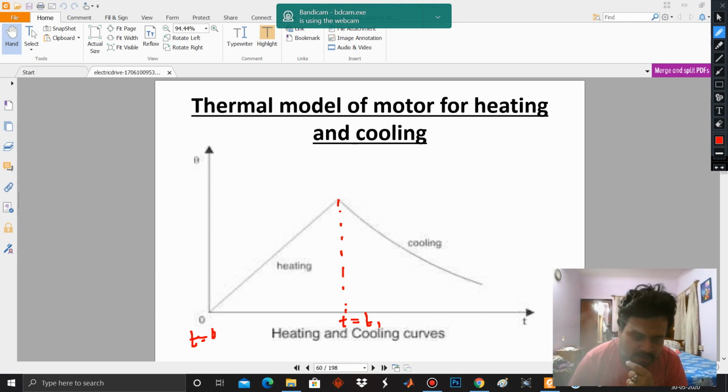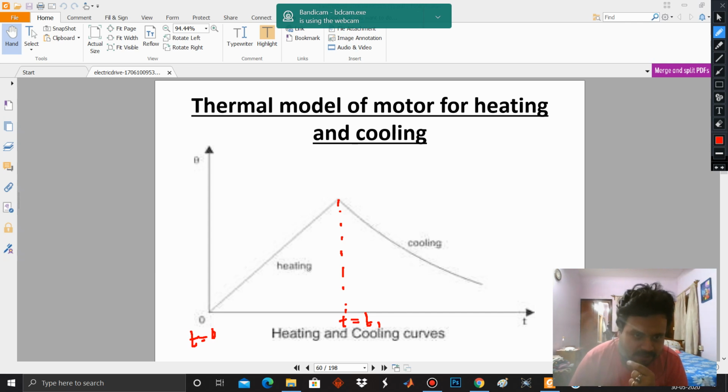So what will happen? Electric power will flow through the conductors of the motor, and there will be I square R loss in the conductor. And what happens due to this I square R loss? There will be heating in the motor, and that will be transmitted to all the motor parts.